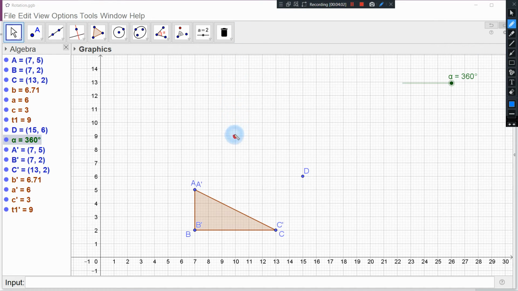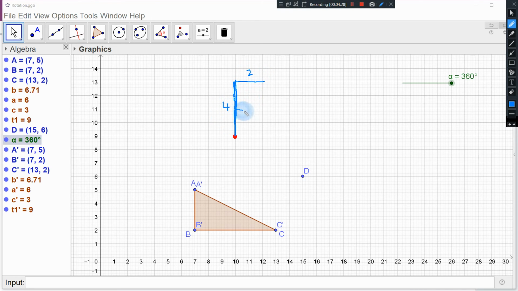In this case, I will just draw this way: 1, 2, 3, 4, then 2. You might be curious why I ask you to do so, because later on I'm going to use this method to draw the object for a rotation. So this is 4, 2, right?